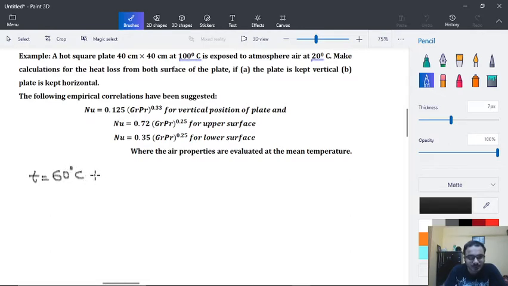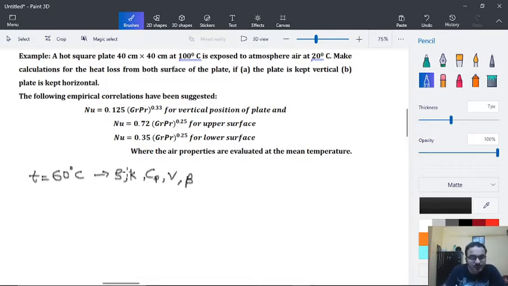Based on this mean film temperature, from the heat transfer data book or from the air property table, we can obtain the values of rho, then k, then Cp and nu, as well as the value of beta, that is 1 upon temperature in Kelvin.